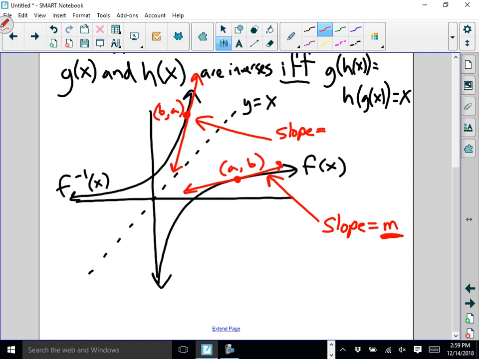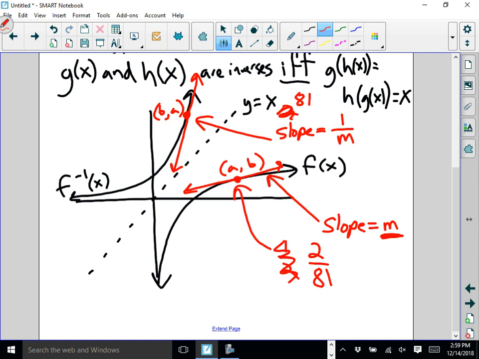So if we call it the slope m for f of x, the slope up here would have to be 1 over m. So again, to put numbers with it, let's say this slope was 1/2, the slope up here would be 2. If the slope here was 2/81, the slope up here would be 81 over 2.